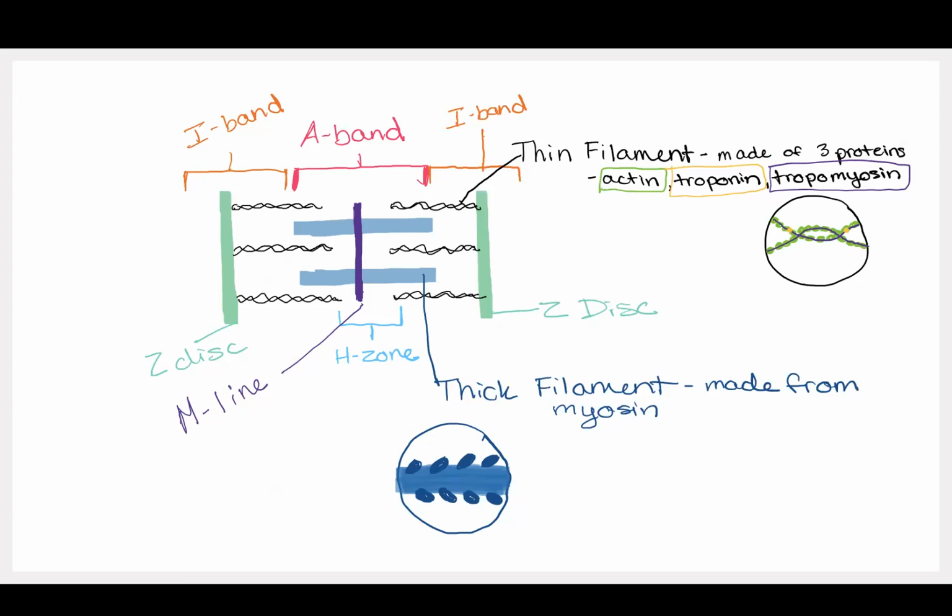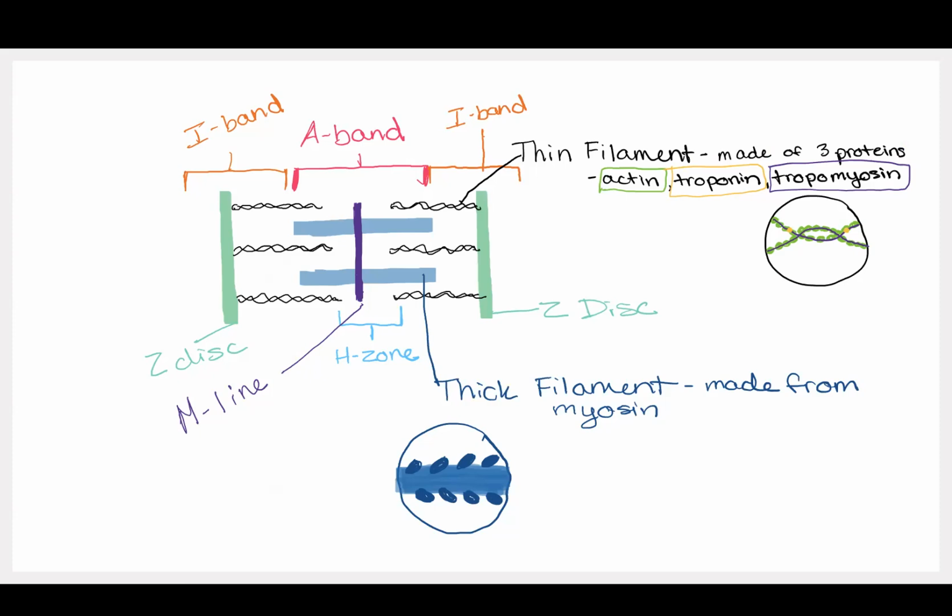This is a diagram of a sarcomere. So let's start with what they're made out of. A sarcomere is made out of thin filaments and thick filaments, and Z discs or Z lines, as some textbooks reference. The thick filament is labeled in blue, and it's made from strictly one protein called myosin.